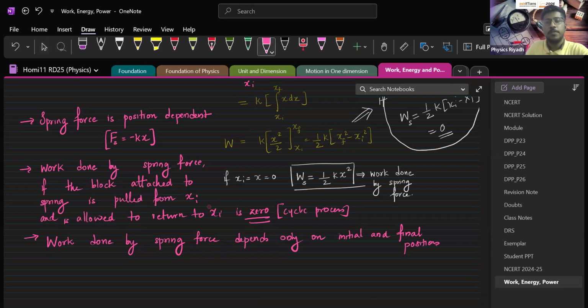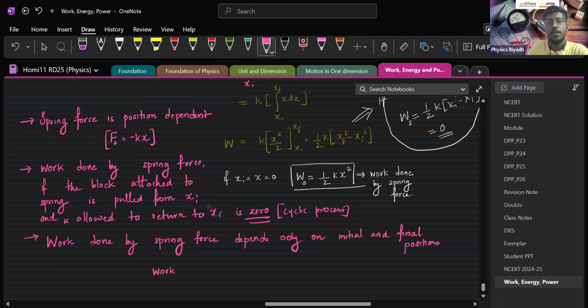Okay. Now, whatever work is done by the external force on the spring, that will be stored as the potential energy of the spring. Suppose you are stretching the spring through a distance x, so you're storing potential energy.